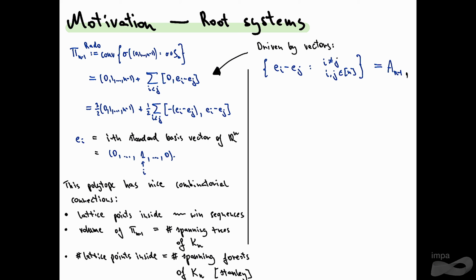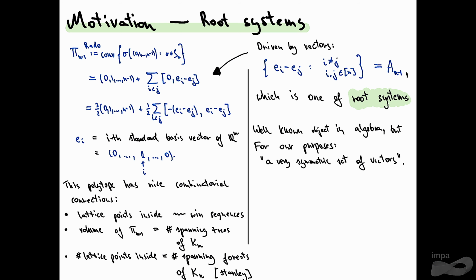Okay, and actually, this set of basis vectors is one of the examples of what is called a root system in algebra. We are probability people, we are combinatorics people. Like, the first time I saw a root system was also when coming across this.